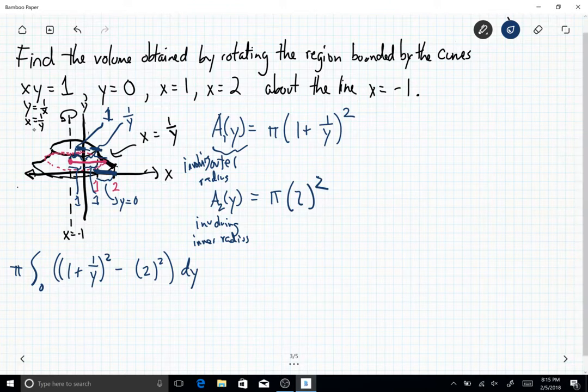So x equals 1 over y becomes 1 equals 1 over y. So that means y equals 1 over 1, or just y equals 1. And so simple as that, we have our solution.